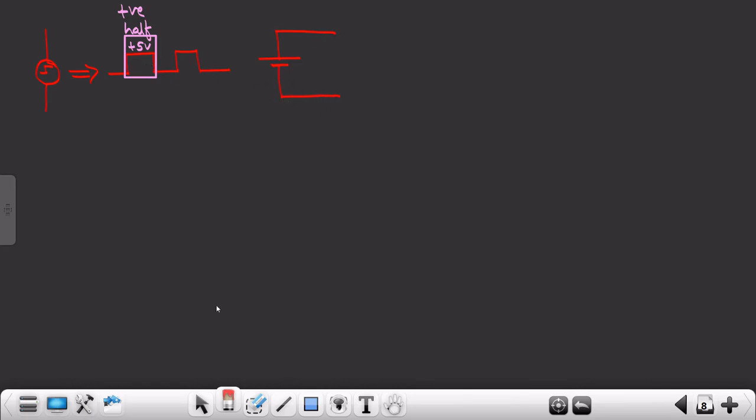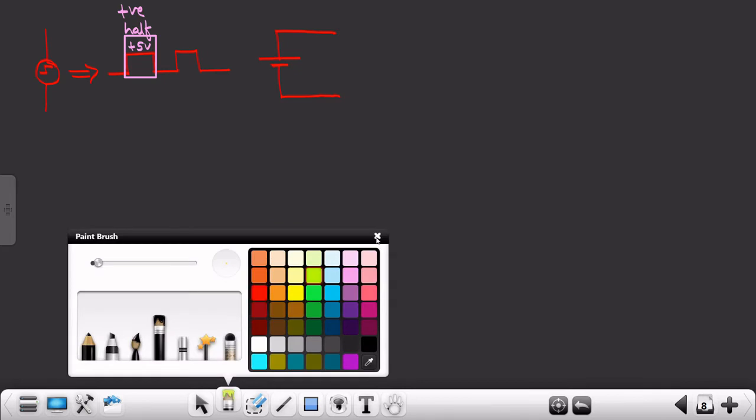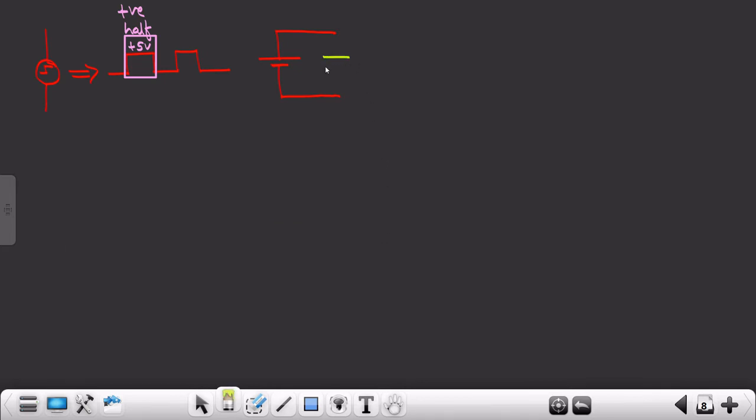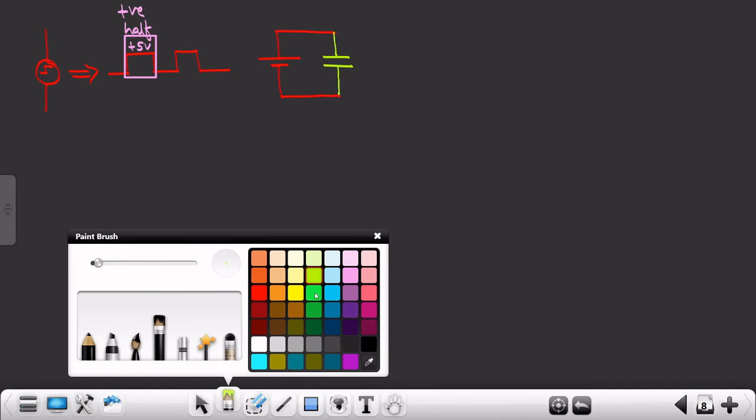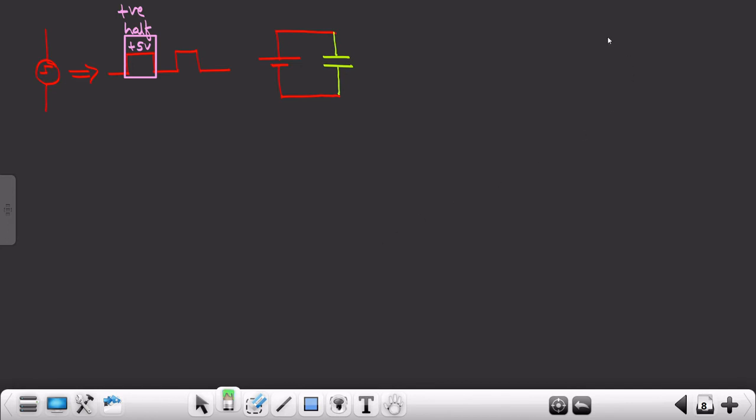Then I'm feeding this particular thing to the capacitor, something like this. Let's suppose this is your capacitor C, right? And now I am drawing that particular waveform once again. So this is your waveform, something like this, right?